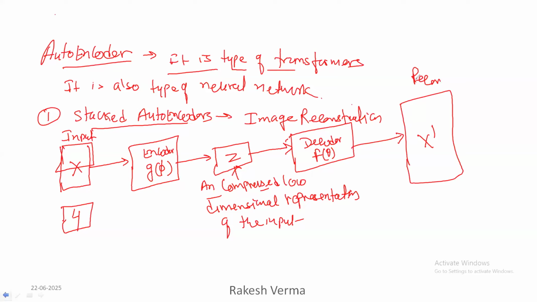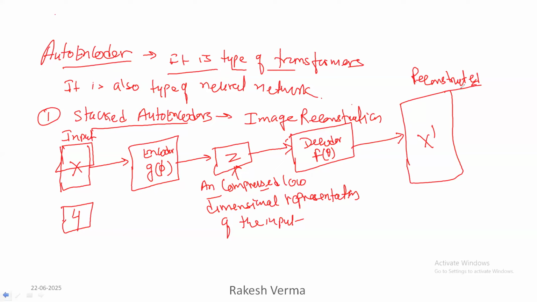Suppose we have an input image which is not very clear and very important, then we can reconstruct the input image into the original one. Reconstruction of the image is the basic concept.